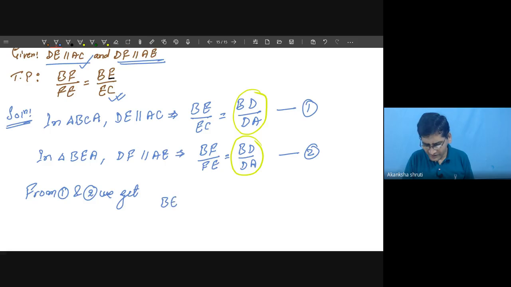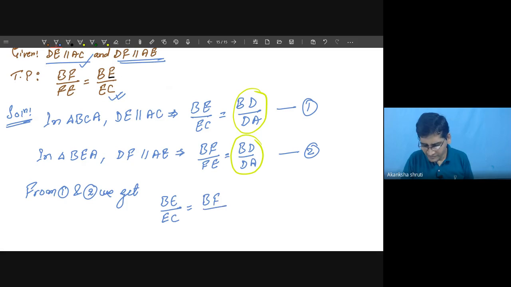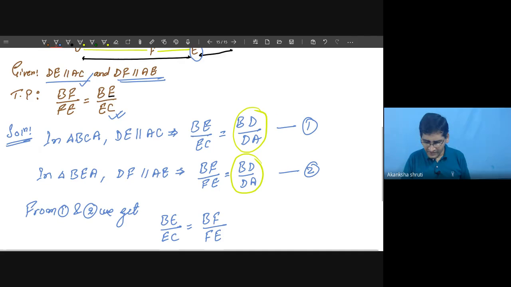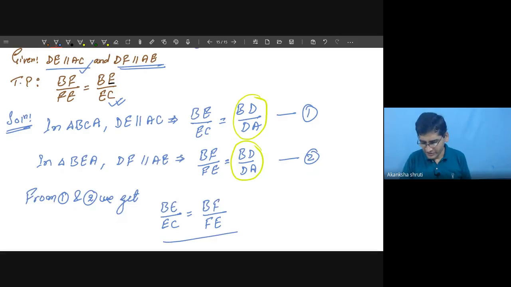BE by EC is equal to BF by FA. This was to be proved. Whether BF by FE is written on the right hand side or left hand side doesn't matter. So this way it is proved.